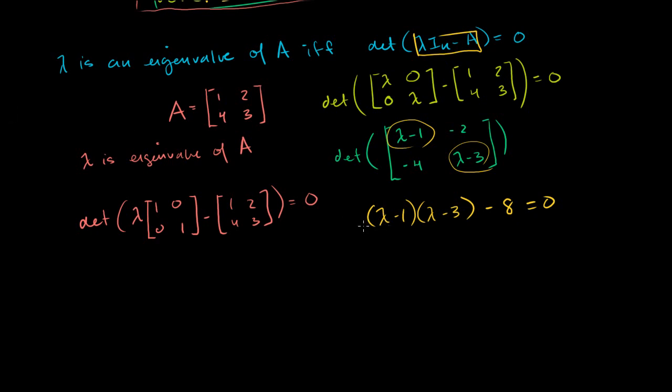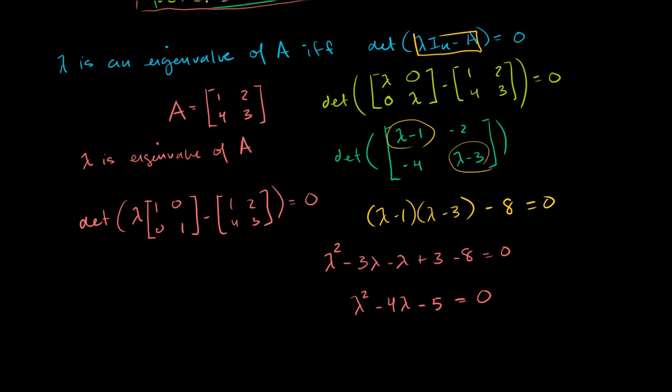We get lambda squared, minus 3 lambda, minus lambda plus 3 minus 8 is equal to 0. Or lambda squared minus 4 lambda minus 5 is equal to 0.